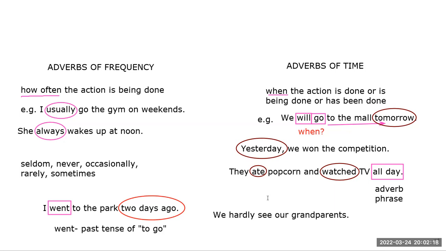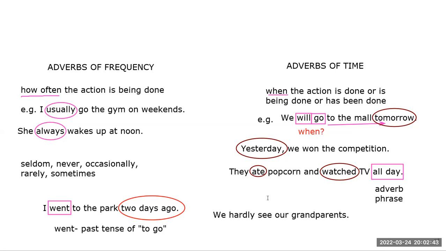Remember, the verb is the action word, something you can do, right? Grandparents would be what? A noun, right? Because it names a person. So see, miss, is our verb, and then what's the adverb? Hardly. Good. And what type of adverb is it?